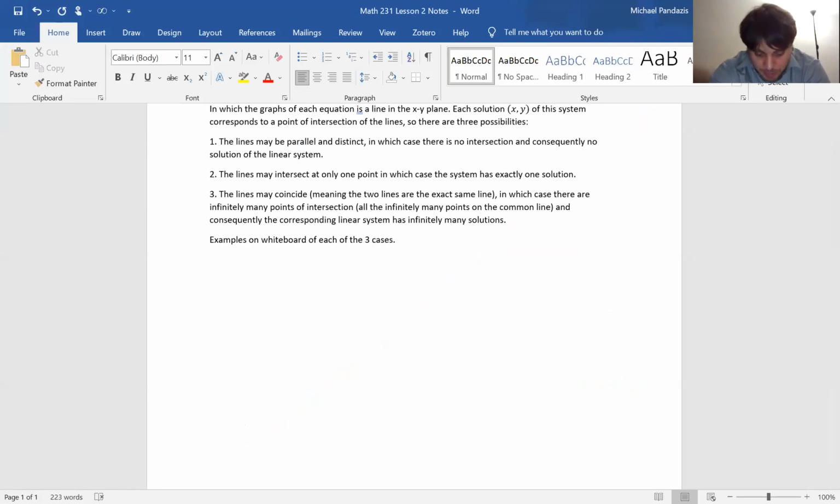Okay. So in general, we say that a linear system is consistent if it has at least one solution, and is inconsistent if it has no solutions.